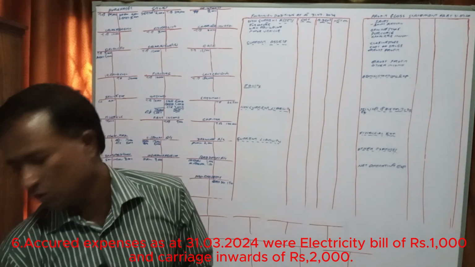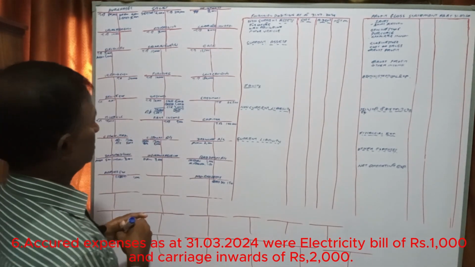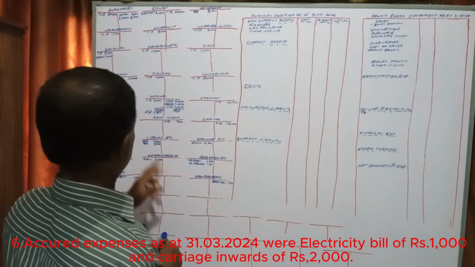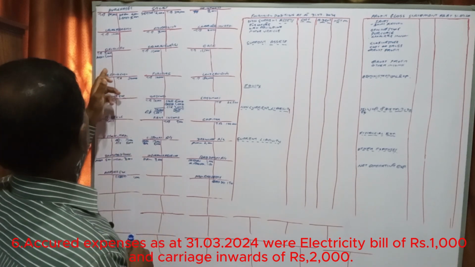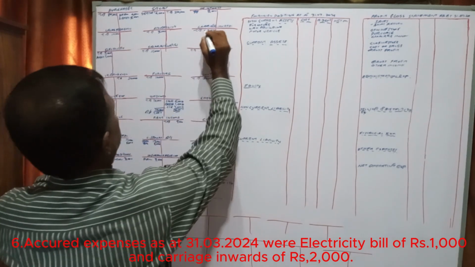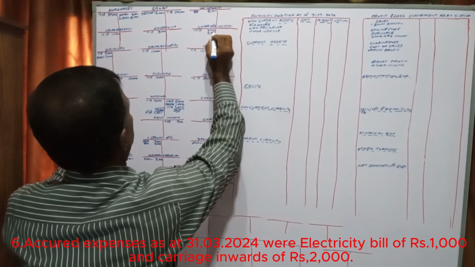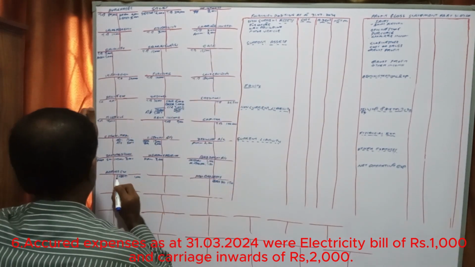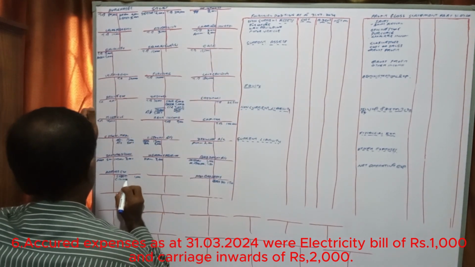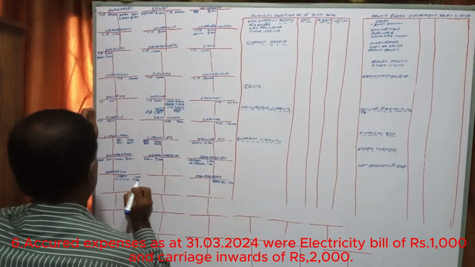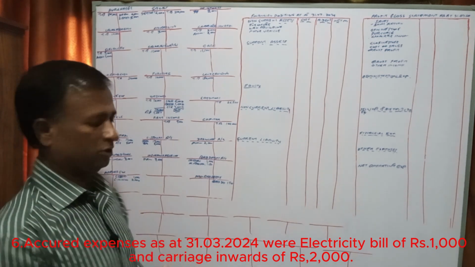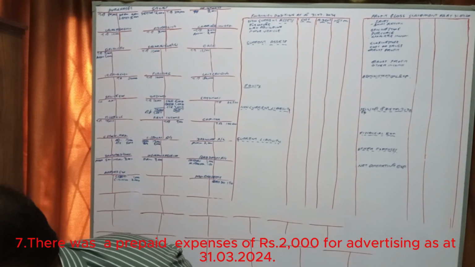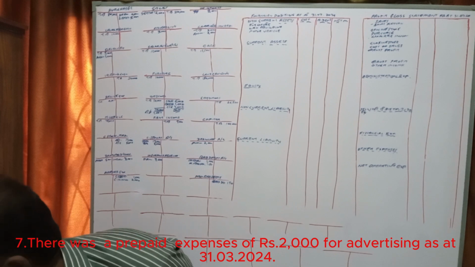And carriage inwards 2000. Where is the carriage inwards? Carriage inwards 2000 debited, accrued expenses credited. Okay, credited to the accrued expenses.